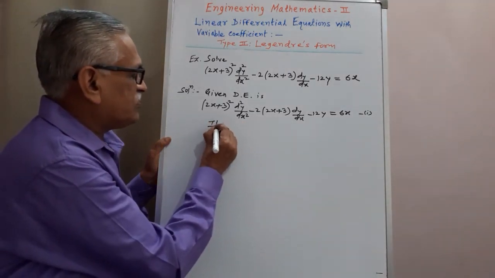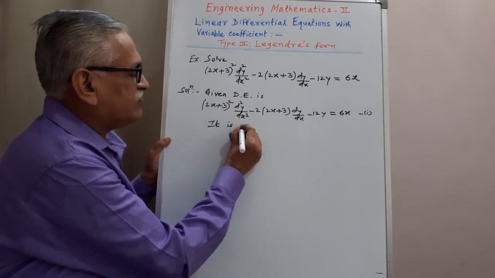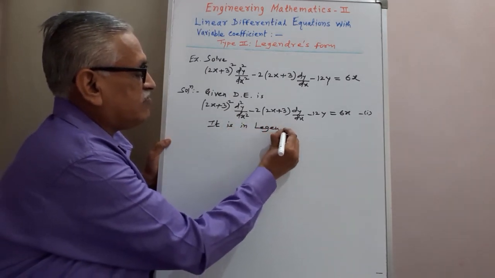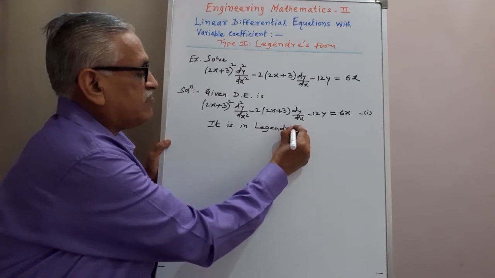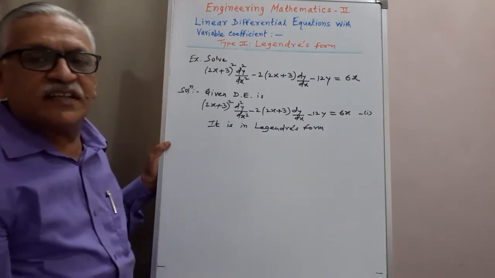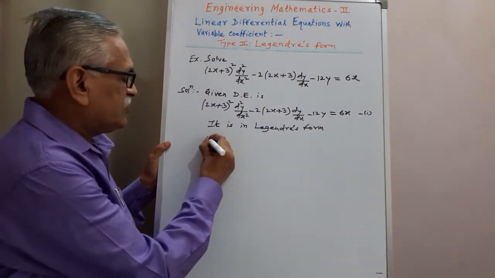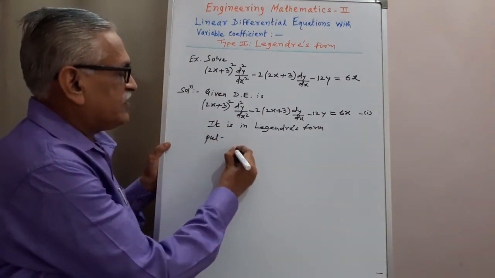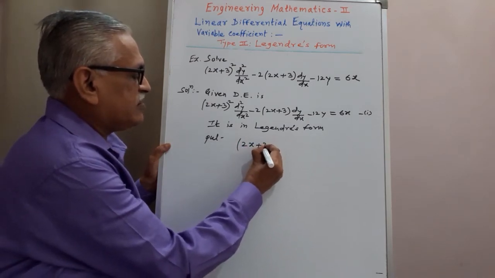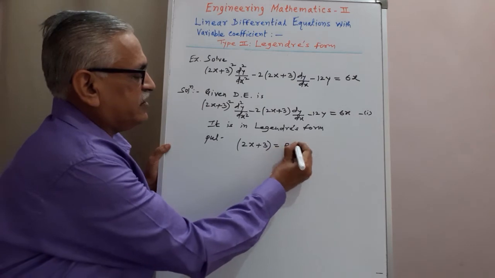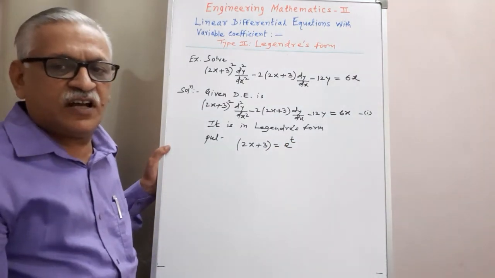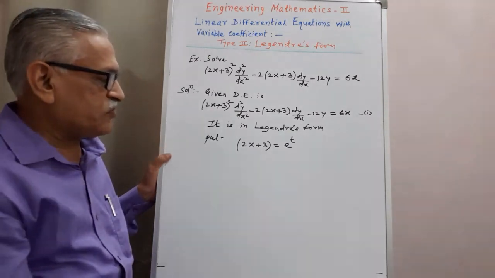It is in Legendre's form, and as it is in Legendre's form, we substitute 2x+3 = e^t, a standard substitution to convert it into a linear differential equation with constant coefficients.